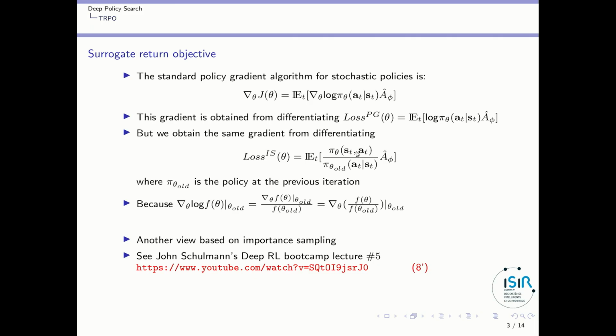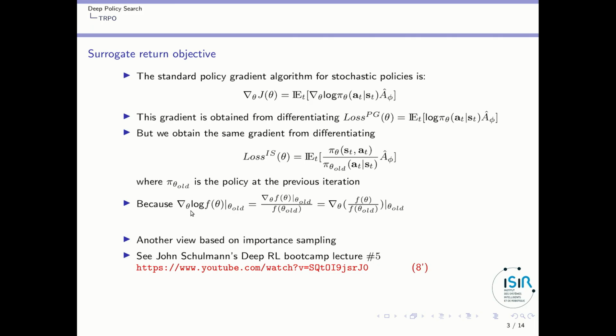There is a mistake here. Divided by the probability of that action in that state considering the previous policy that you were working on, and then times the advantage function. Okay, so the P theta old is the policy at the previous iteration.